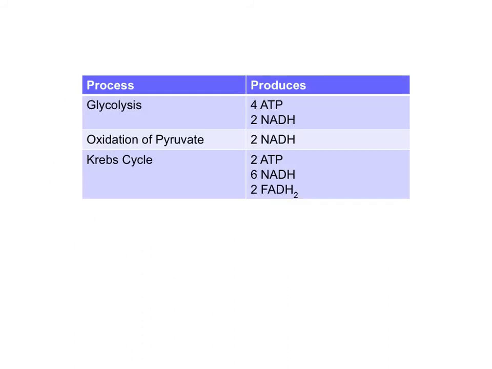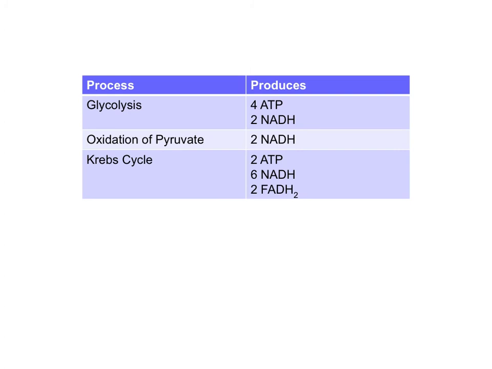So looking at our accounting that we've done so far, what we're trying to say is that for every NADH molecule that is oxidized, you can produce 3 ATP. So let's go back and look at how much ATP we have produced from a single molecule of glucose.